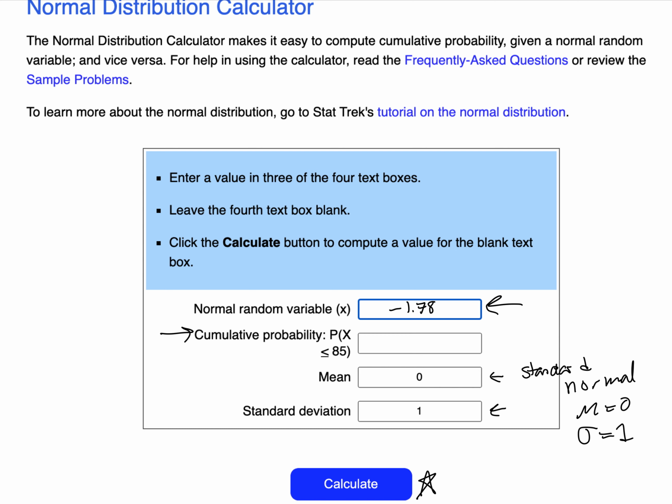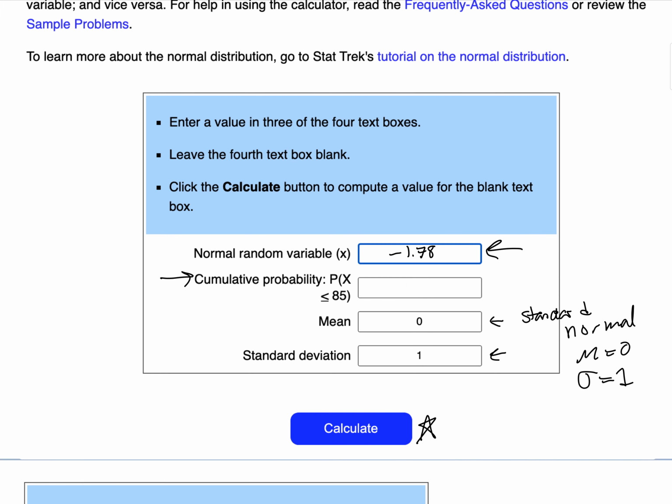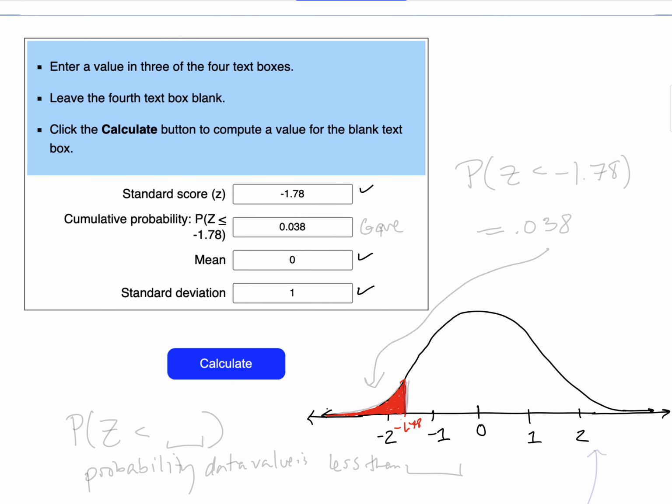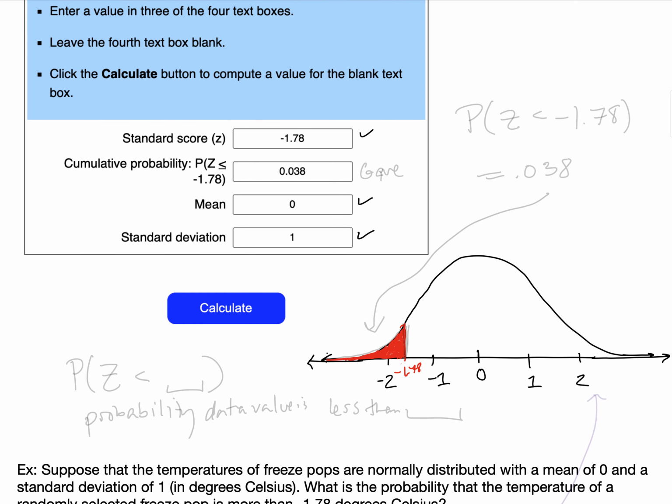Again, I plugged in these 3 items, and after we hit calculate, the program gave us 0.038. What that is saying is that the probability that z is less than negative 1.78 is 0.038.